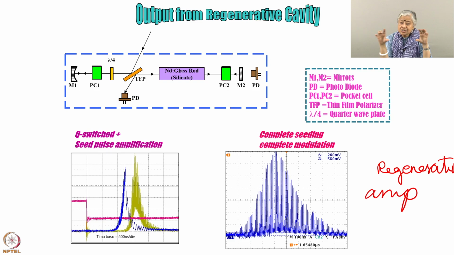So, if I had just one amplifier and let it pass through, it would not have extracted much energy. So, I would need many stages of these amplifiers in order to extract energy even in the millijoule level. But then I can compress all these amplifiers into one, which is called the regenerative.